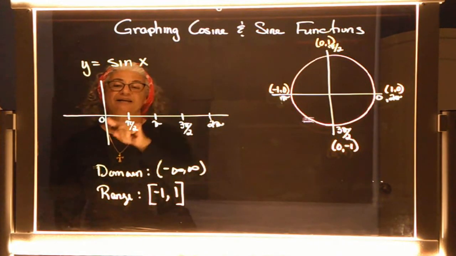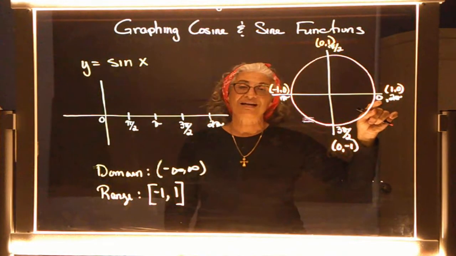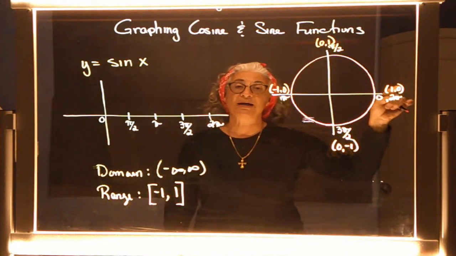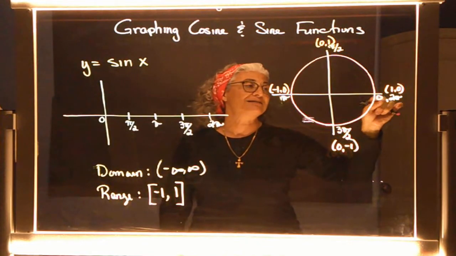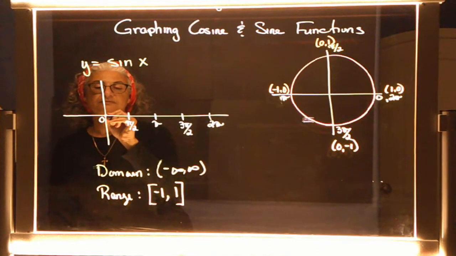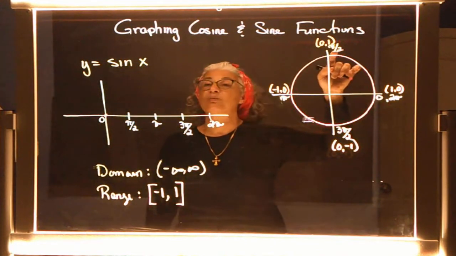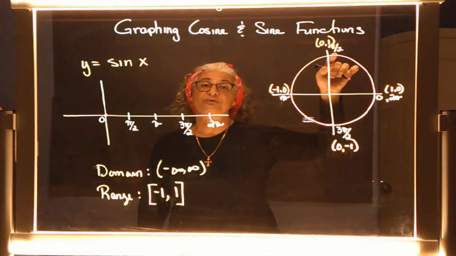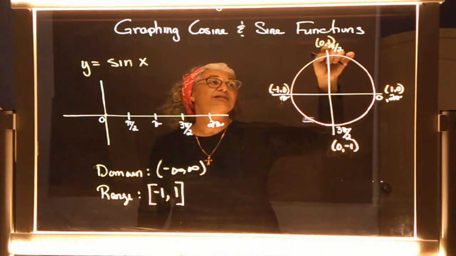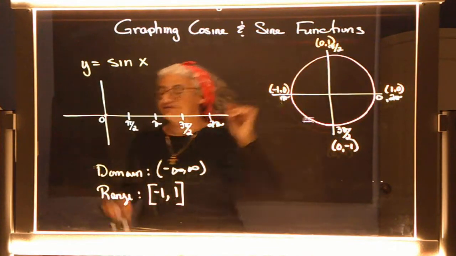If I take the sine of 0 radians, remember, sine function is talking about the y-coordinate. So the sine at 0 radians is what? Yeah, it's 0. If I look at pi over 2 and I want the sine at pi over 2, sine function is the y-coordinate, and the y-coordinate at pi over 2 is, that's right, it's 1.